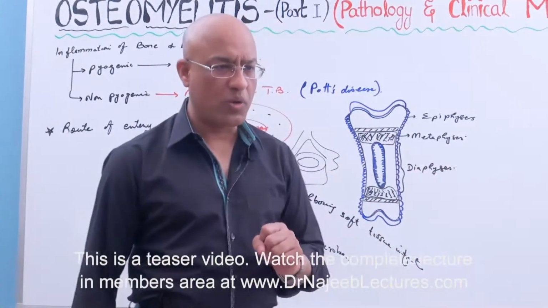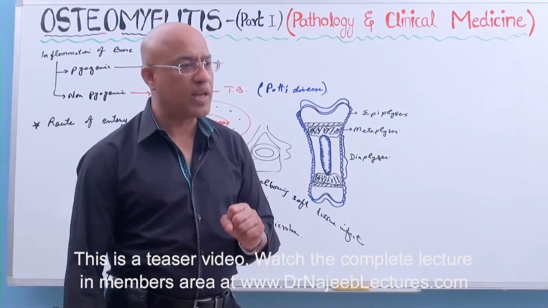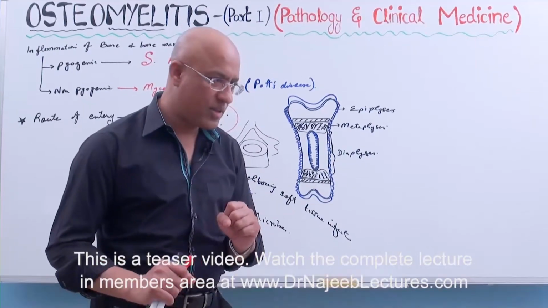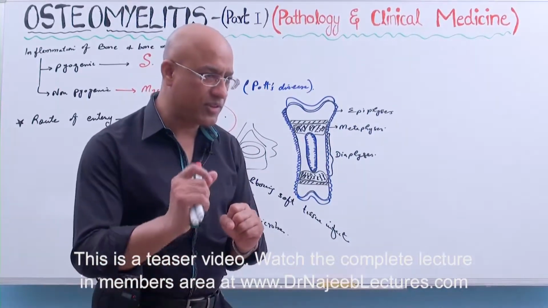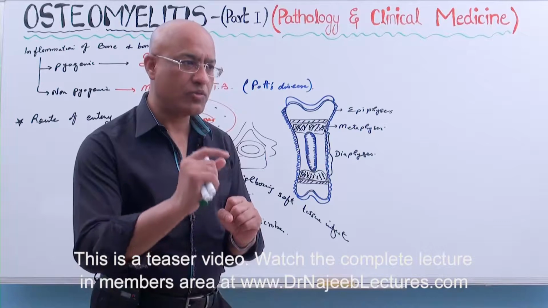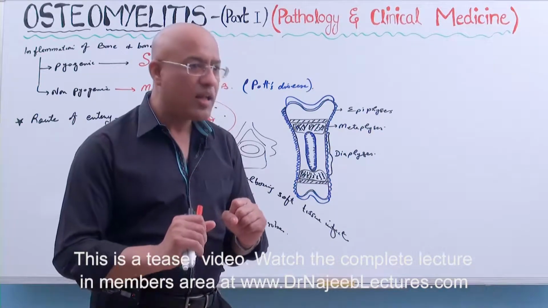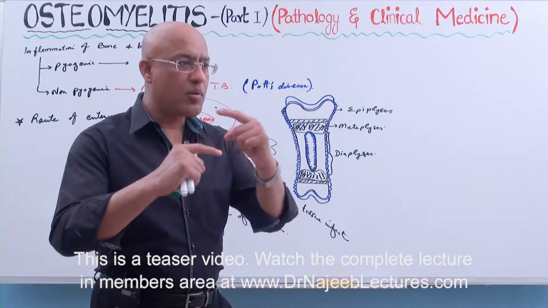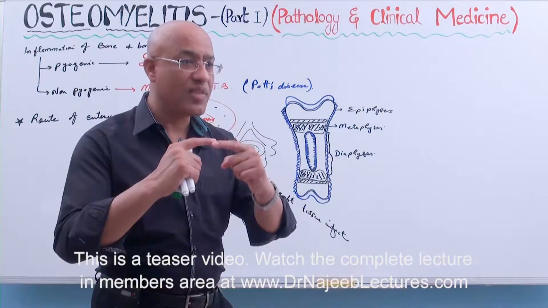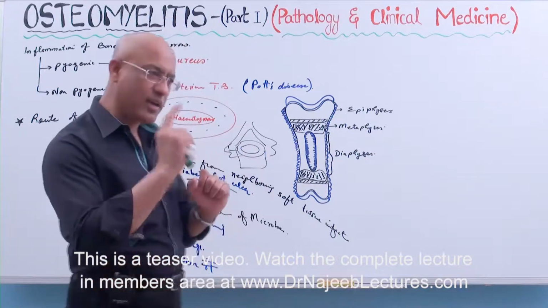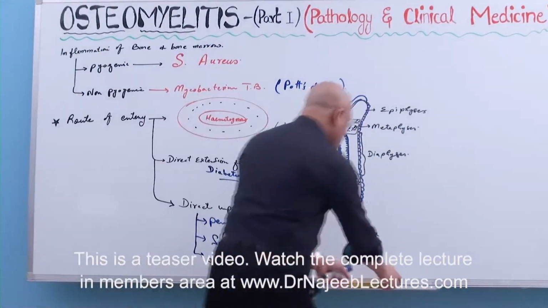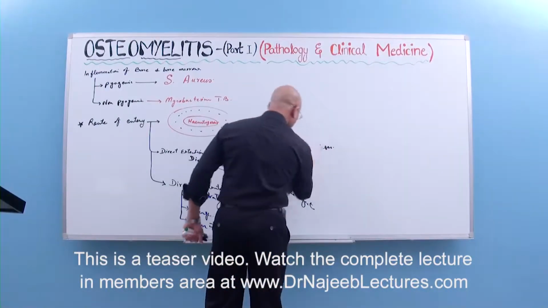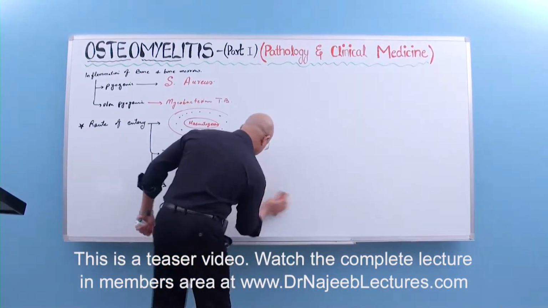If a boy of 6 years develops osteomyelitis due to hematogenous spread of Staphylococcus aureus in the metaphysis of, for example, the tibia, then once the organism reaches there, what are the biological events and what really happens there? Okay, now we'll talk about that. But before we go into that, I would love to mention the blood supply of the metaphysis.